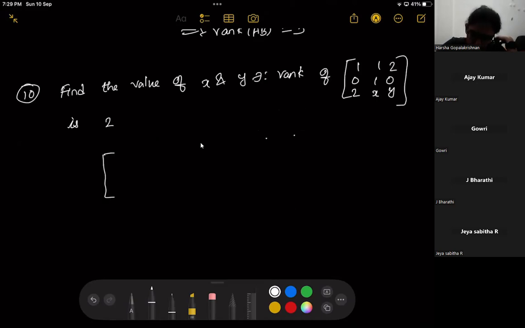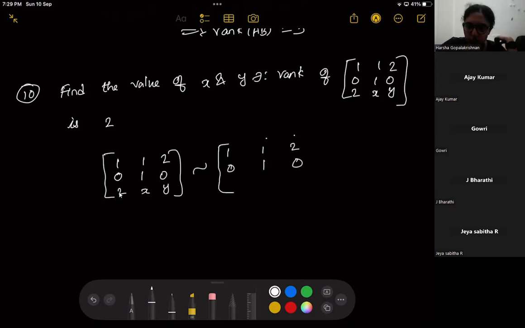So here it is 1, 1, 2, 0, 1, 0, 2, x, y. I am reducing the third row as R3 minus 2 R1.